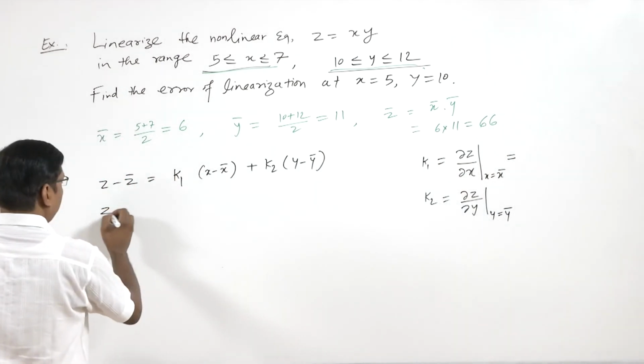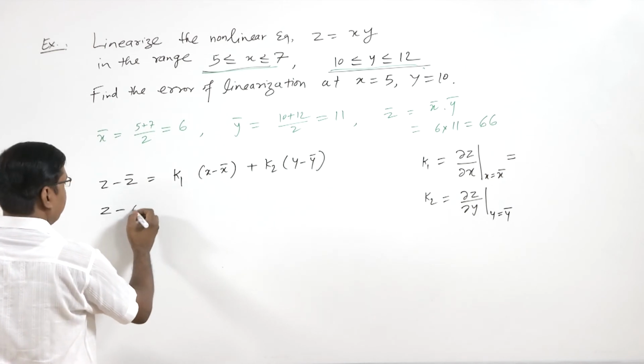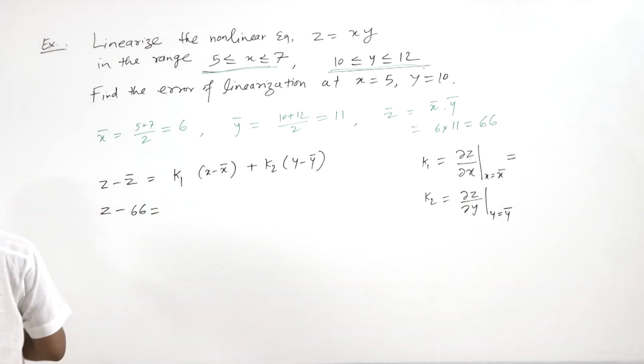Here z minus z bar, where z bar is 66, equals k1.